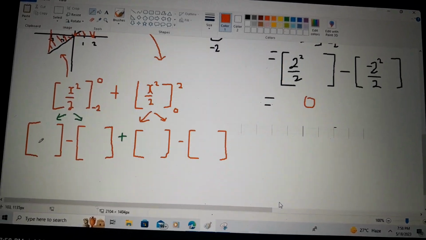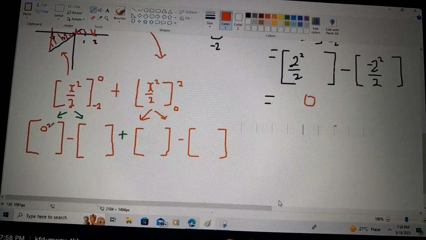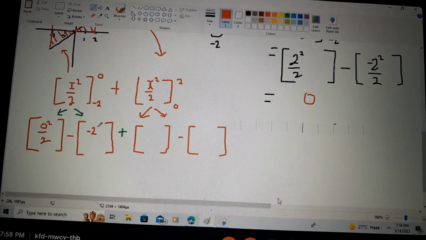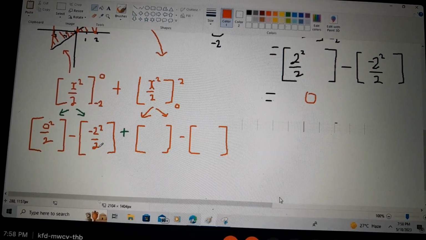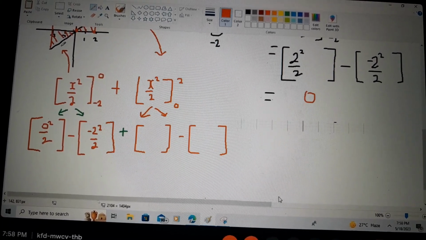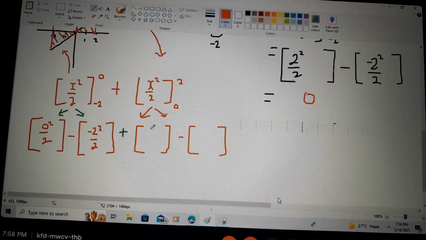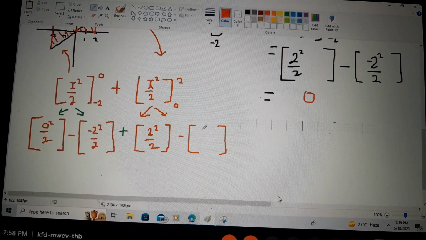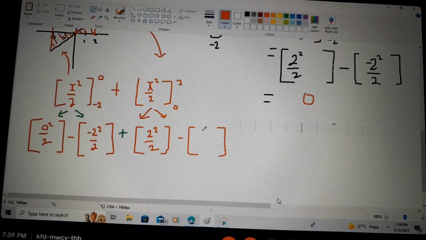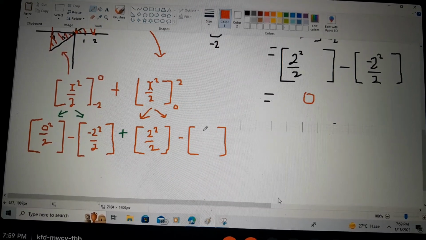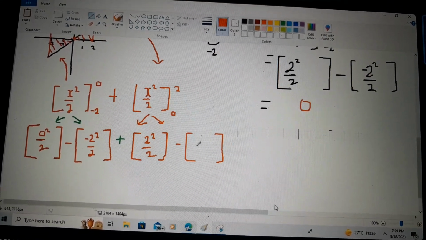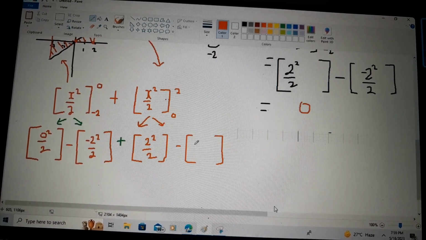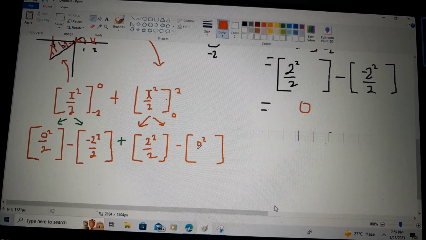So substituting, it would be 0 squared over 2 minus negative 2 squared over 2. So that would be to work out this part here. Now to work out this part, it would be 2 squared over 2 minus, I'm waiting. What will we put here? We're working out this one. 0 squared. Wonderful. 0 squared over 2.